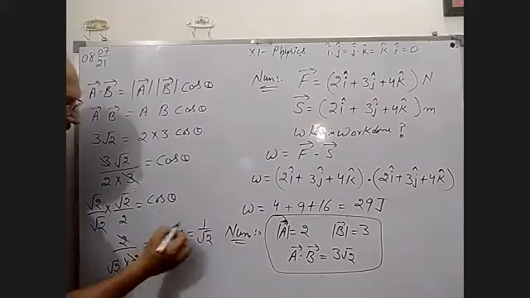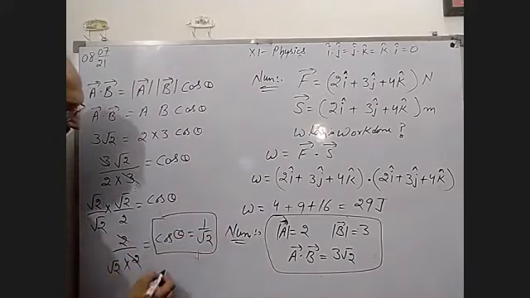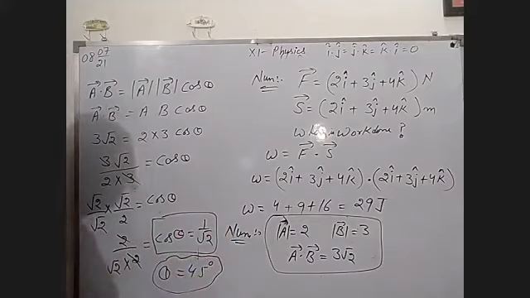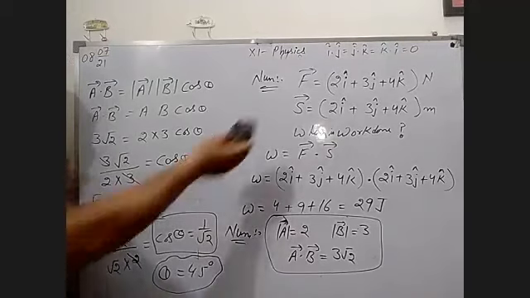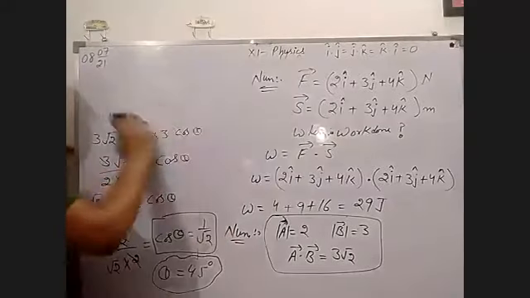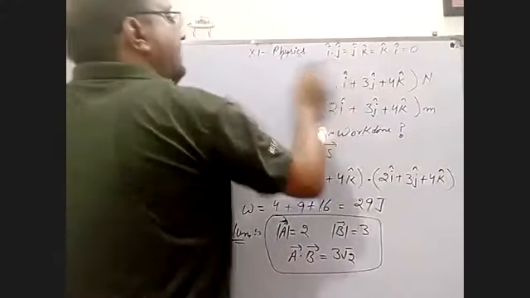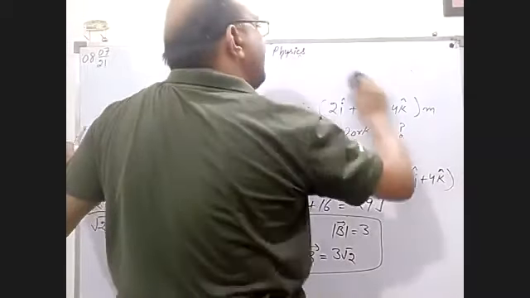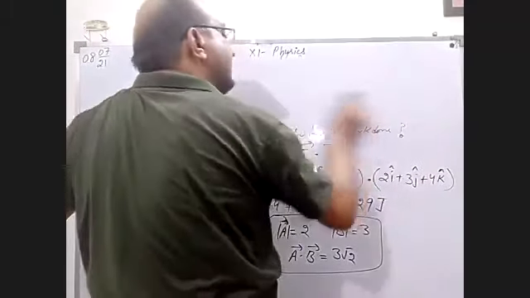Cos theta value is 1 by root 2, so theta is what? 45. So the angle between these two vectors is 45. Okay. In this way, you can take the product of these, and you can also calculate the angle between the vectors. But the condition is what? That you are taking the dot or scalar product.